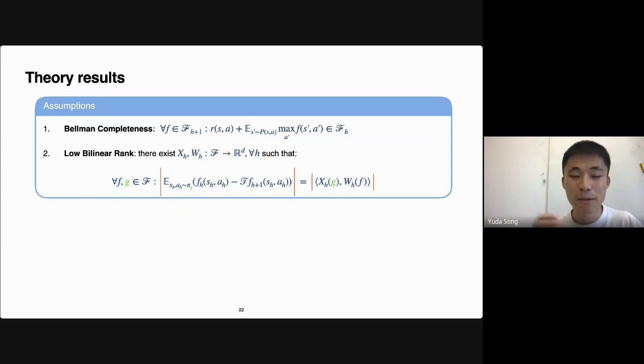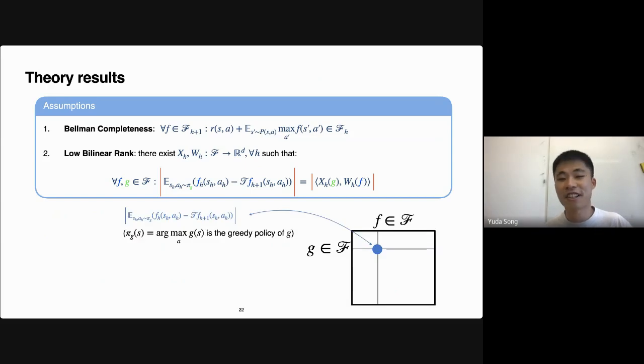For people who are not familiar with this, what does it mean? It says that for any two functions, f and g, in your function class, the absolute expected Bellman error of function f under the distribution induced by function g has this bilinear structure, where each term in the inner product is defined by the function g and function f respectively.